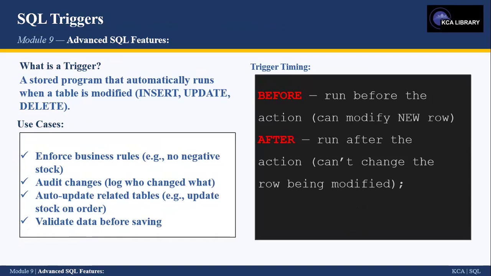And the common uses are: triggers enforce business rules, e.g., prevent negative stock. Triggers automatically audit changes, and triggers update related tables, e.g., reduce stock when an order is placed. Triggers validate data before it is set.